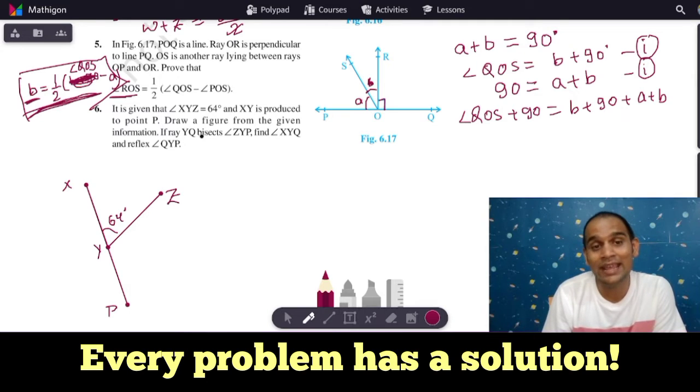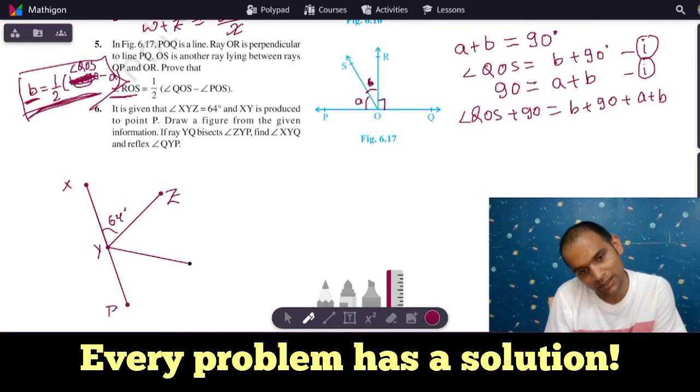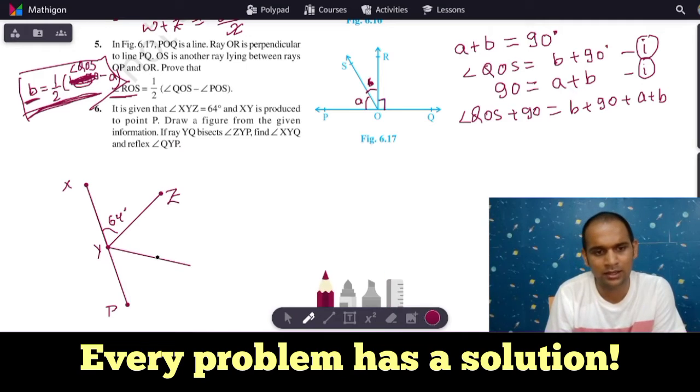Now, if ray YQ bisects ZYP, there is one more ray which is bisecting this particular angle. Bisecting means it is dividing it into two equal halves. So I'll make an approximate angle which is bisecting it.